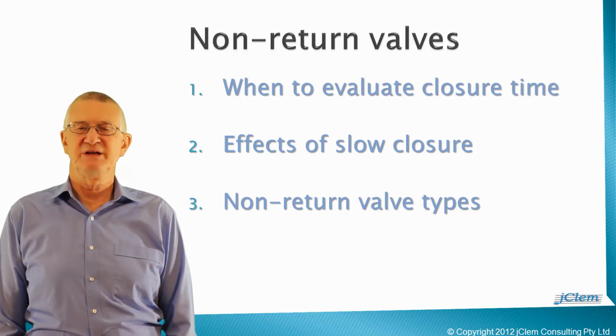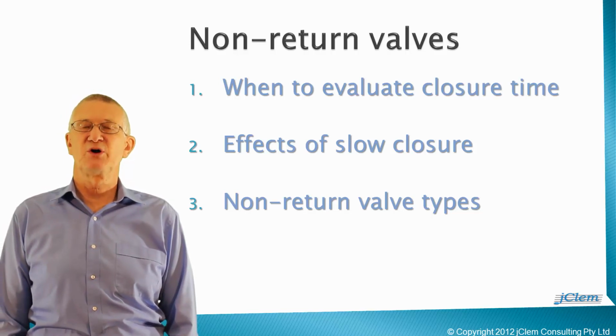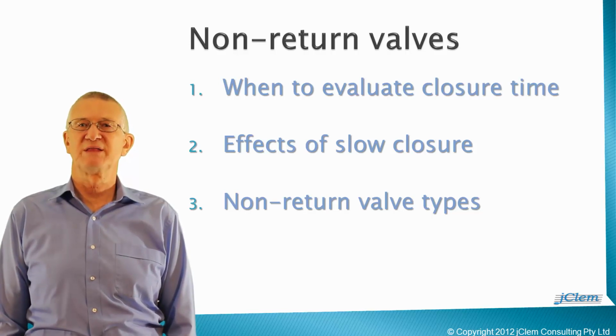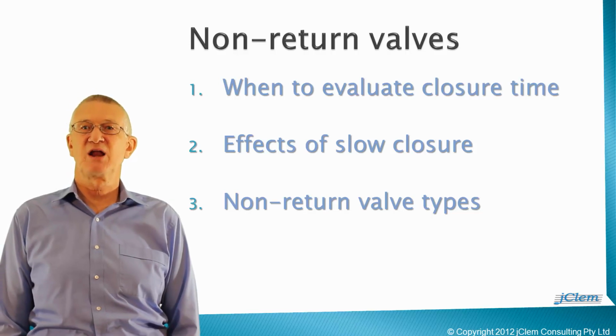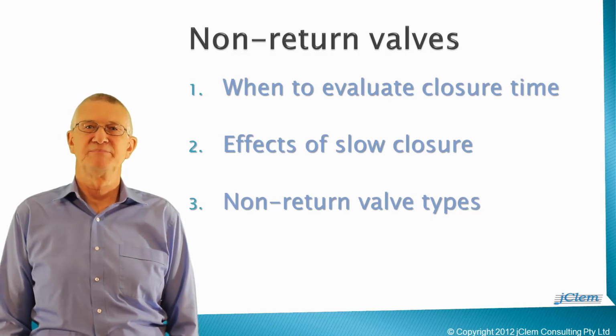The Part 2 video looks at the transient effects caused by slow closing non-return valves. Part 3 takes a qualitative look at the variety of non-return valve types and how they compare in terms of their ability to close rapidly before the water column reverses its flow direction. That's when I will need those graphics to reappear.